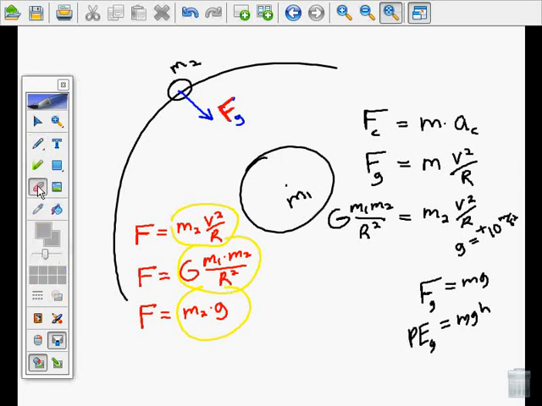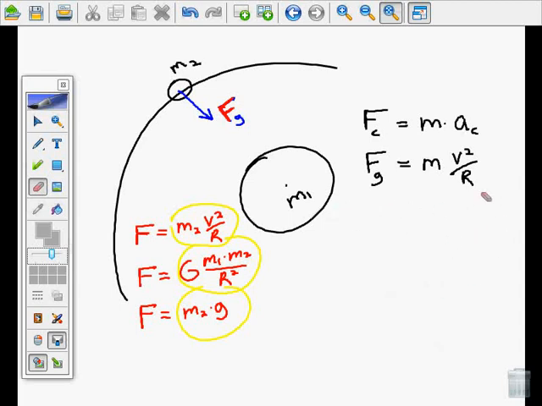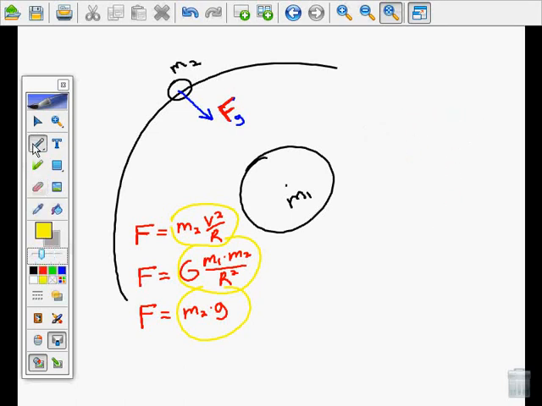Because there are two more formulas that you have to know. So you either have to memorize them or you could derive them. You need to know the formula for the tangential velocity.